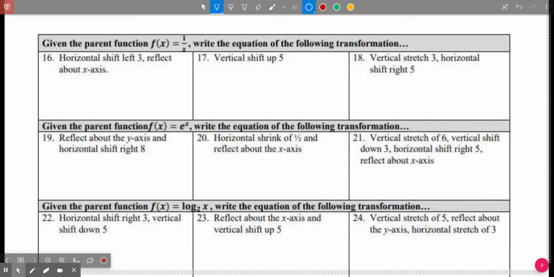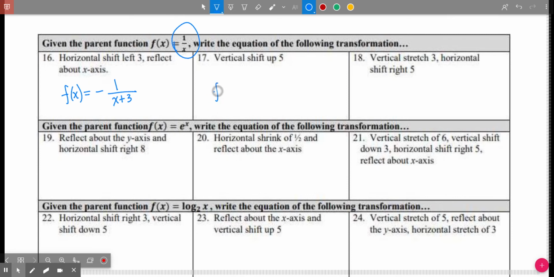In number 16, I'm working with the reciprocal function. So a horizontal shift left 3 and a reflection about the x-axis. So f of x is equal to negative, for my reflection, 1 over x plus 3 for my horizontal shift left.